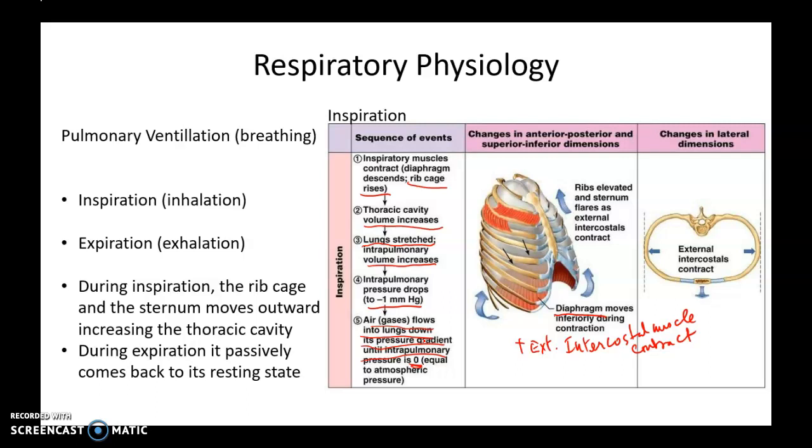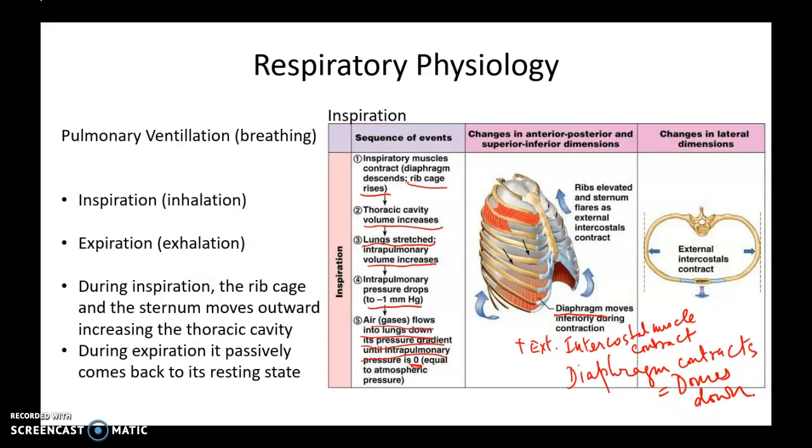Another thing I forgot to mention: as the diaphragm contracts, it domes down. We will talk about this more in the upcoming slides. It domes down, remember.